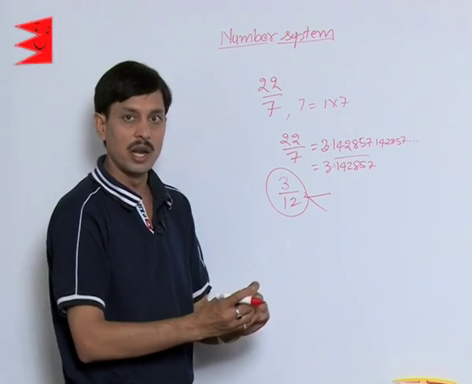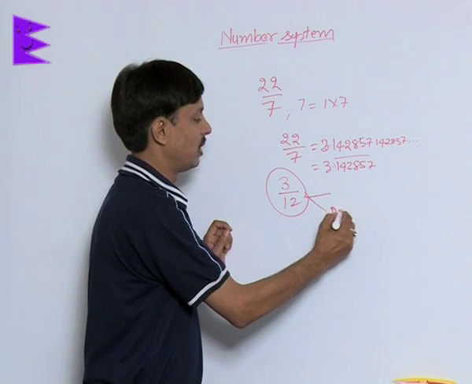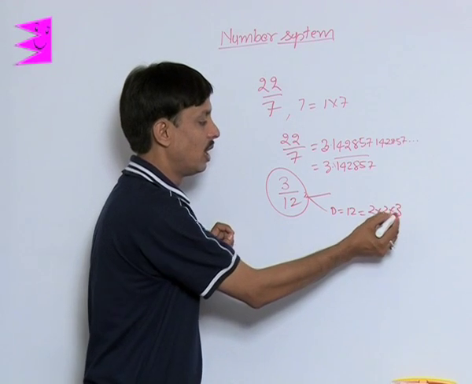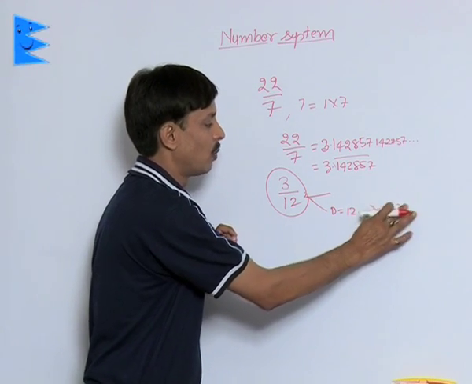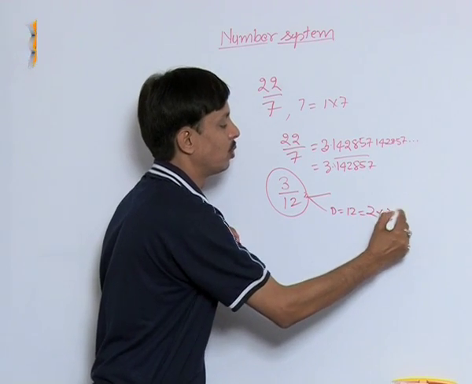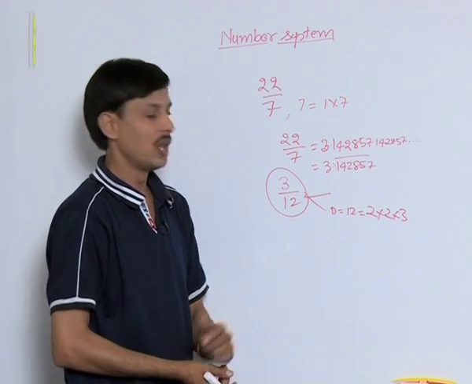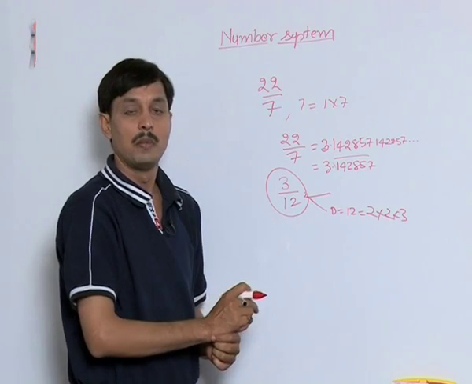If you run directly, you will say the denominator is 12, its prime factors are 2 into 2 into 3, and a number other than 2s and 5s is coming. So we will say it is non-terminating, repeating.